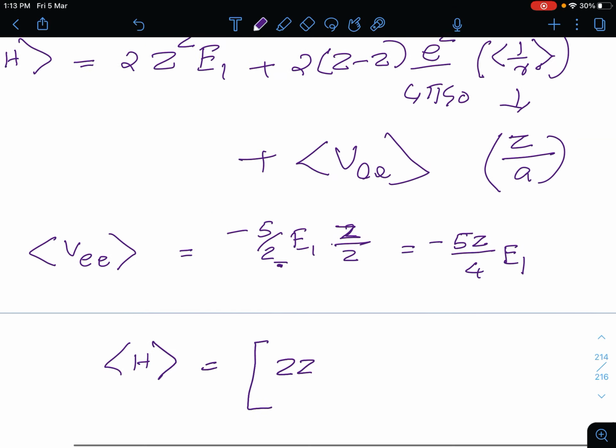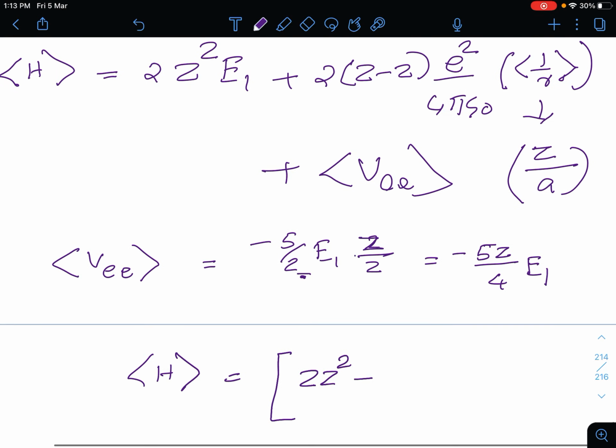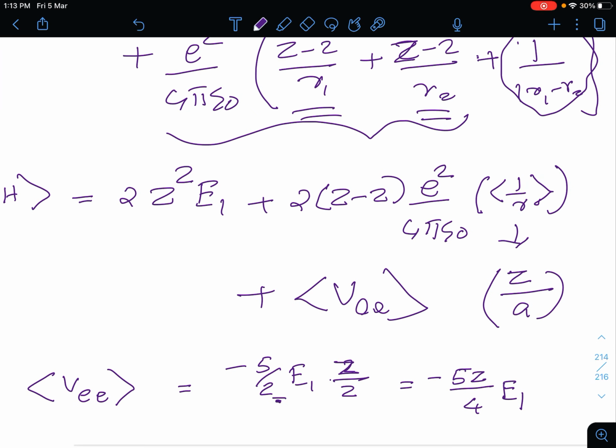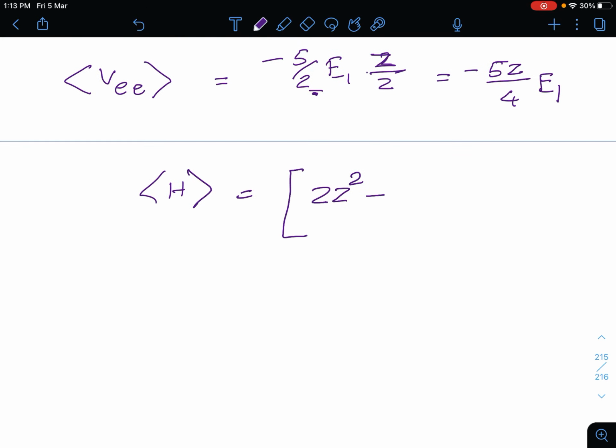We will be getting 2z square minus, so z by a into this. Here, what can we do? e square by 4 pi epsilon 0 into 2a, we can take as E1. So this becomes minus 4z into z minus 2 minus 5/4z, all into E1.